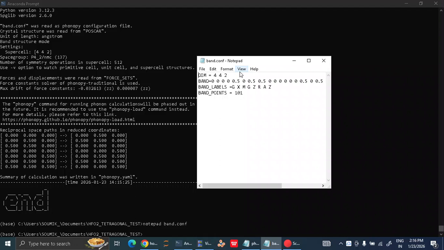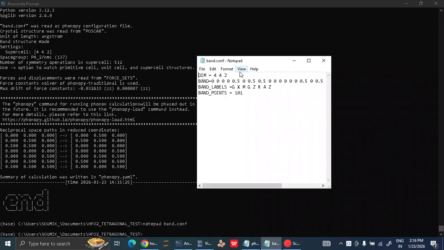In tetragonal hafnium oxide, the primitive cell is highly compact and anisotropic. A 2x2x2 supercell of the primitive cell is not equivalent to a 2x2x2 supercell of the conventional cell. Only when the real space interaction range is properly captured does the primitive cell become stable.